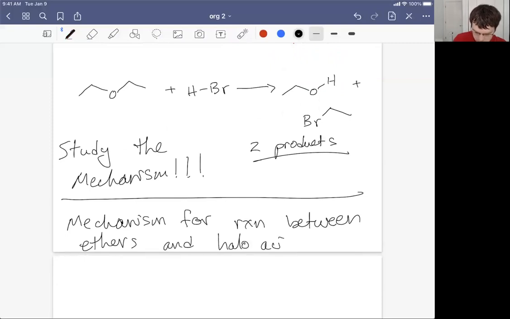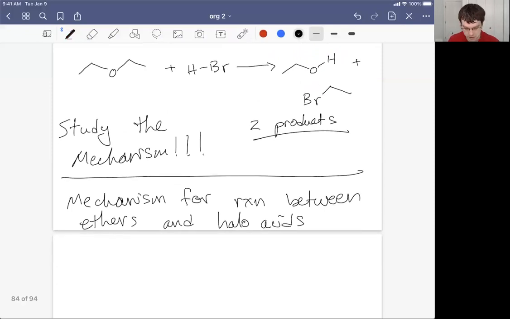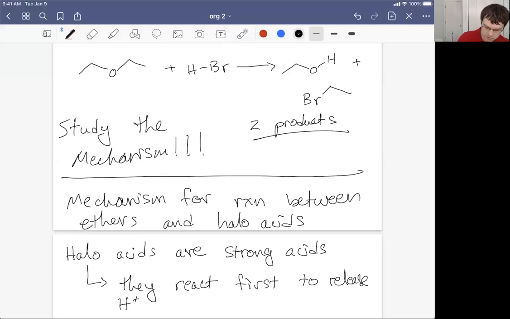Okay, so I could just present the mechanism step by step and then ask you to memorize, but I want to try to introduce some strategies to think about. First of all, halo acids are strong acids. And what this means is that they react first to release H plus.